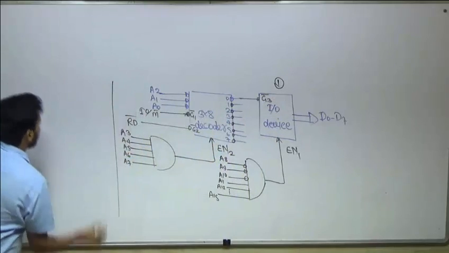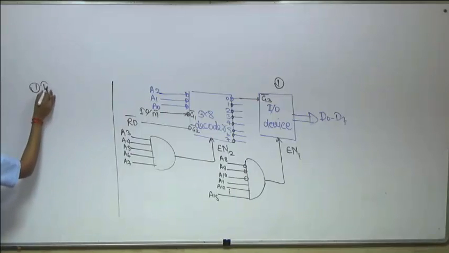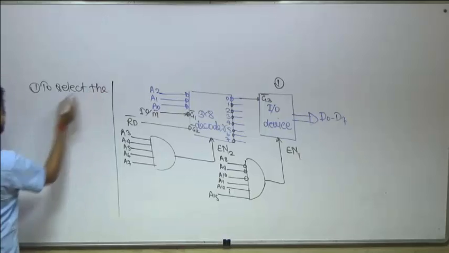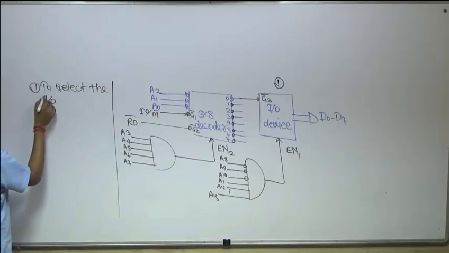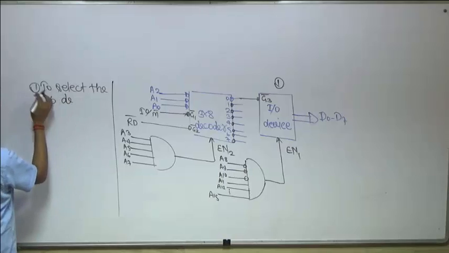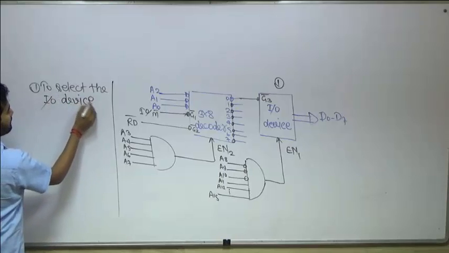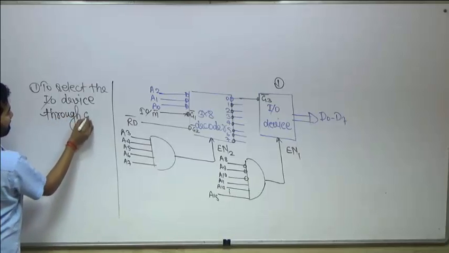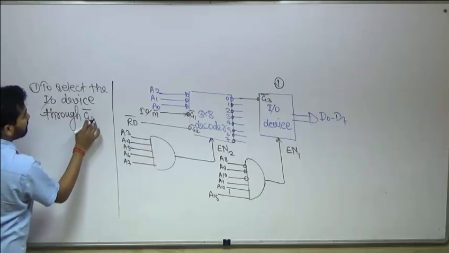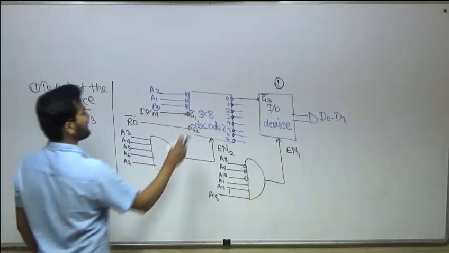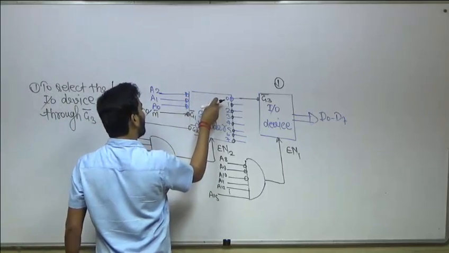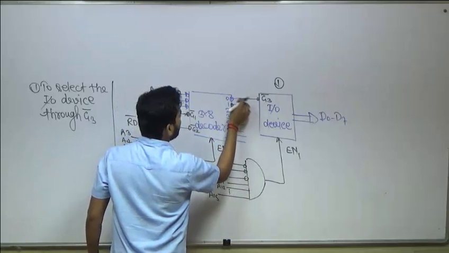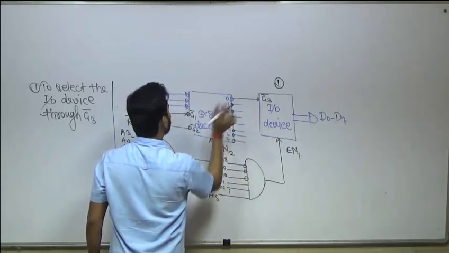So first, to select the IO device through the G3 bar pin, the output of this active low 3 to 8 decoder should be low at the 0 pin.